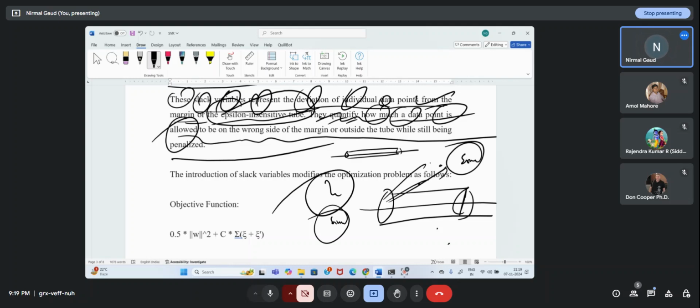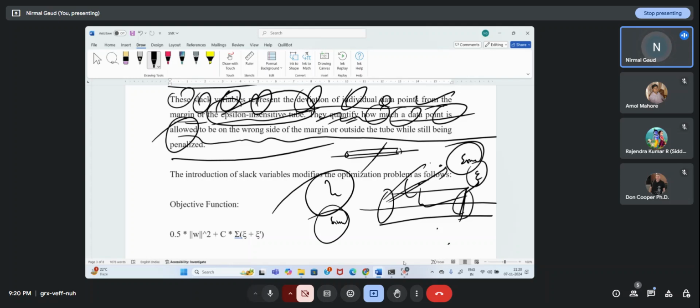Again, we have to find the optimal epsilon tube. We have to find this margin, because if we narrow it, there is an issue; if we widen it, there is also an issue. It should be something optimal, so that I can have a good number of points inside the margin, inside the epsilon tube.